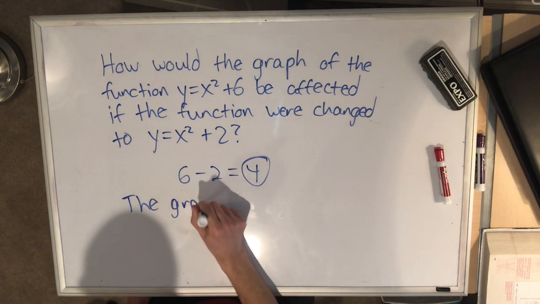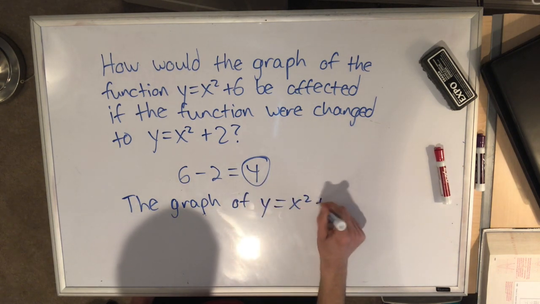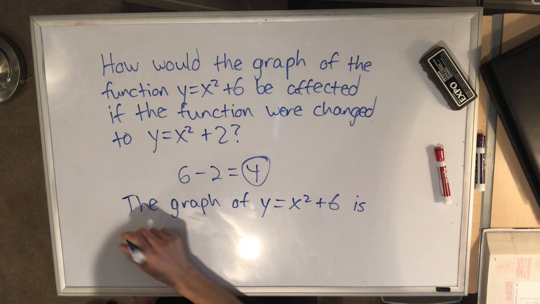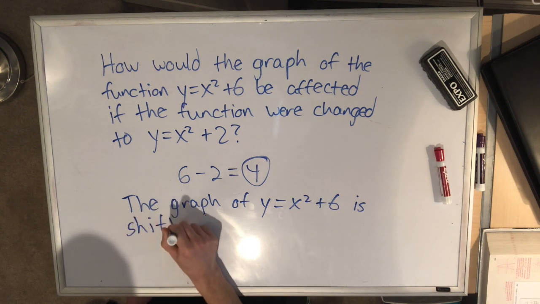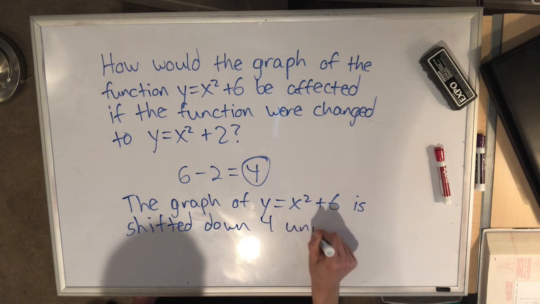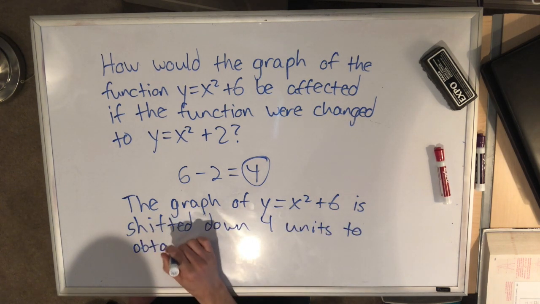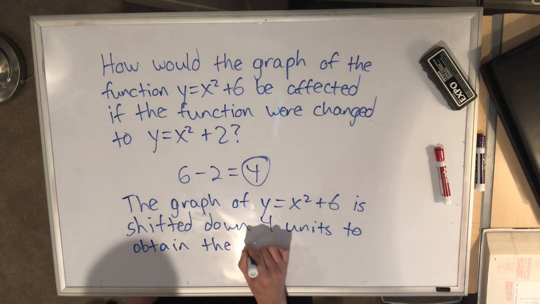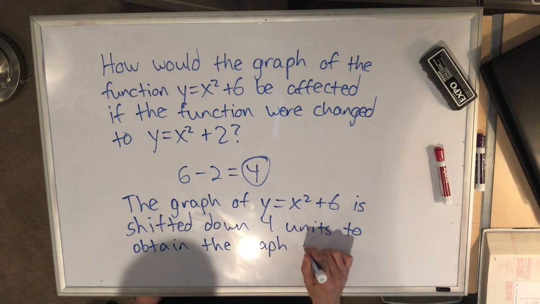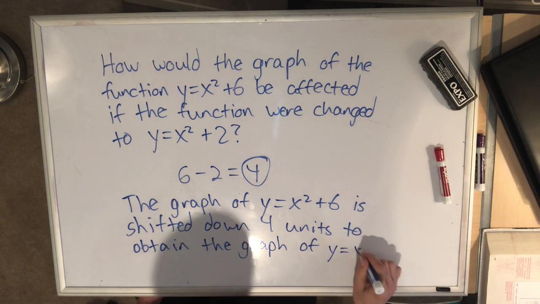The graph of y equals x squared plus 6 is shifted down 4 units to obtain the graph of y equals x squared plus 2.